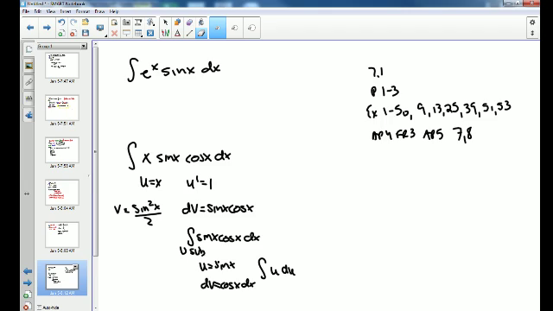Like tomorrow I'll teach you partial fractions. It's not that bad, trust me. But again, we only do linear factors of partial fractions, where we can get into quadratics and all sorts of things.